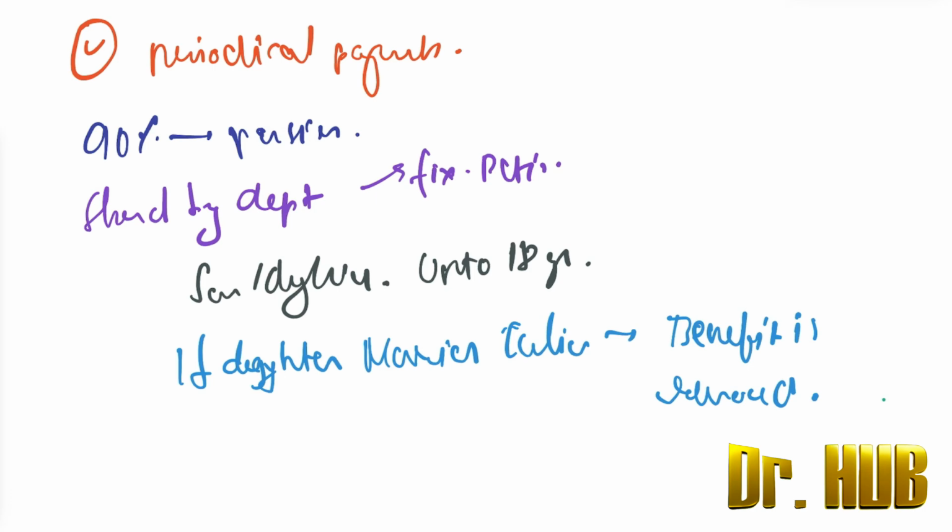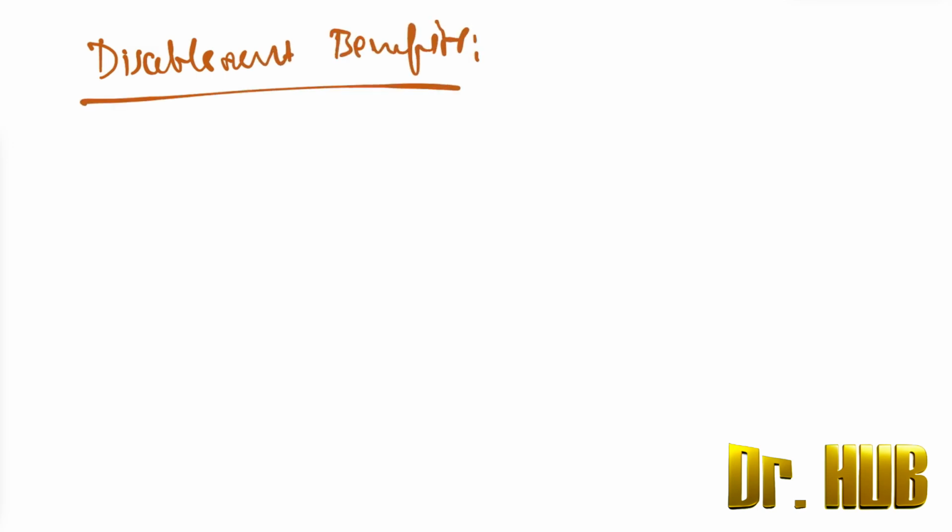Then we look at the disablement benefits. For temporary disability, it is 90% of the wages as long as the person is disabled.